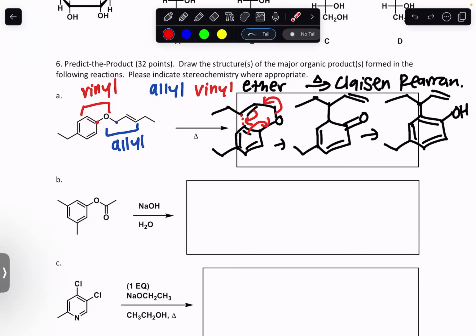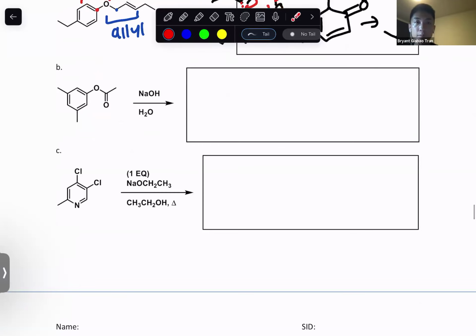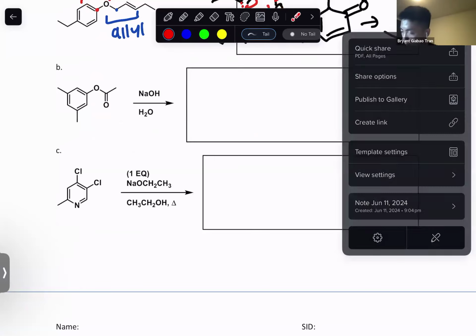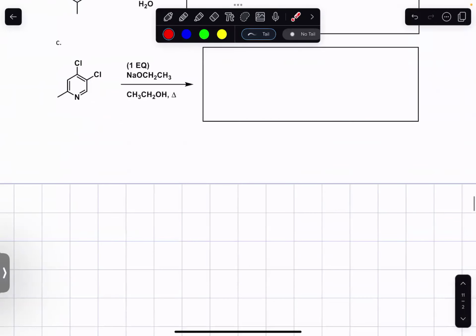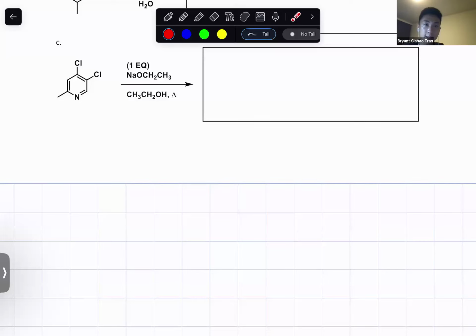Another question I had was on 6C. For this one, it looks like they're just adding an O-methyl group. I think it's like SN2, but how do we know which chlorine we replace? So this is not SN2.